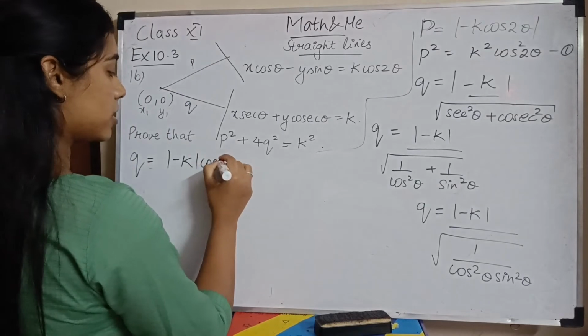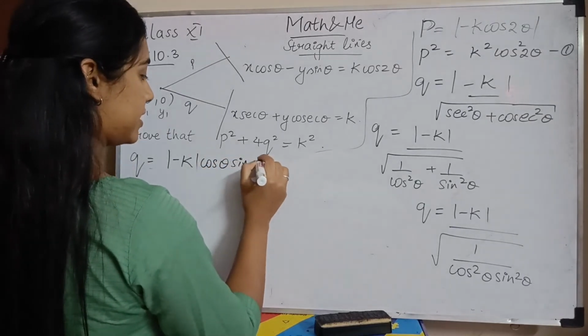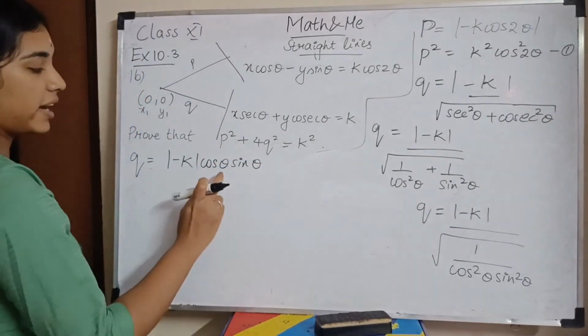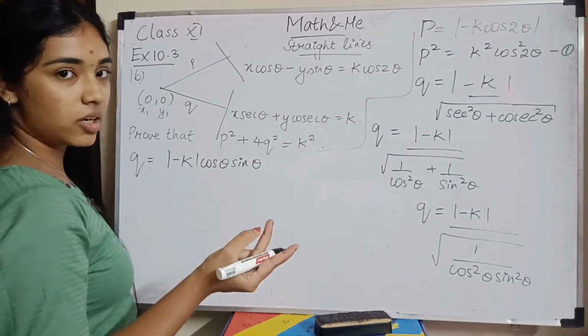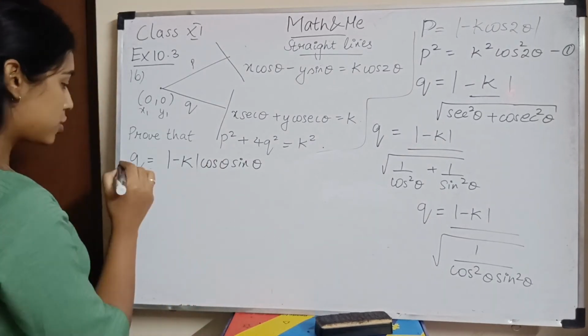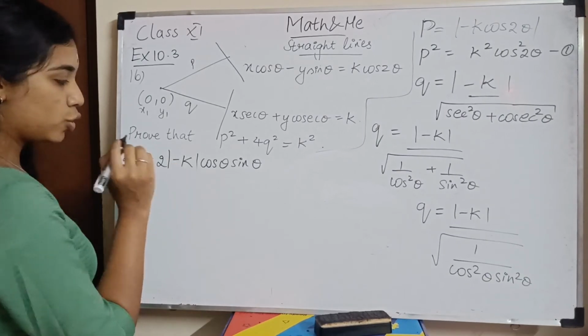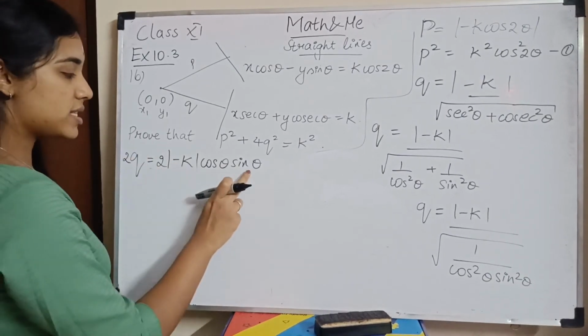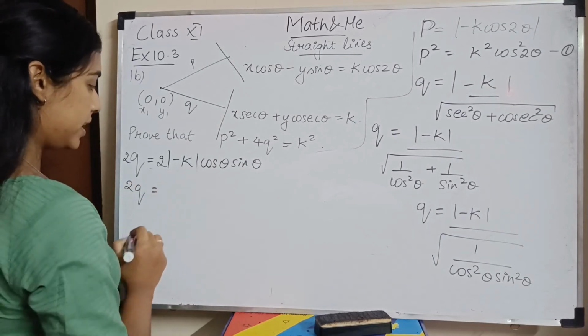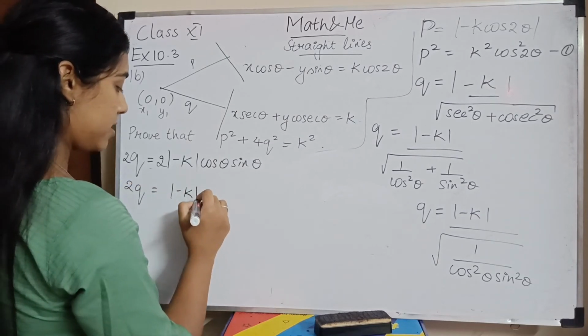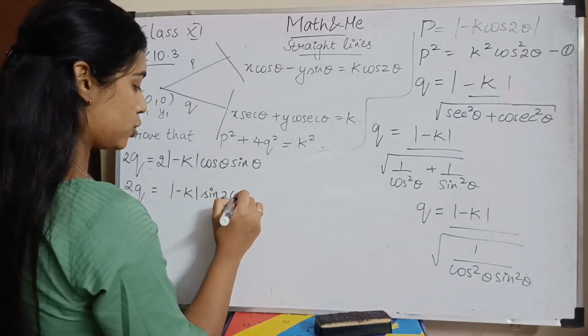So you have cos theta sin theta. So when I have cos theta sin theta, and also when there is a 2 sin theta cos theta, that is sin 2 theta. So what will I do? I will multiply 2 on both sides. So I have 2 sin theta cos theta, which is sin 2 theta. So I have 2q equals minus k times sin 2 theta.